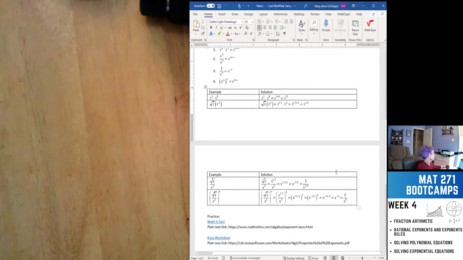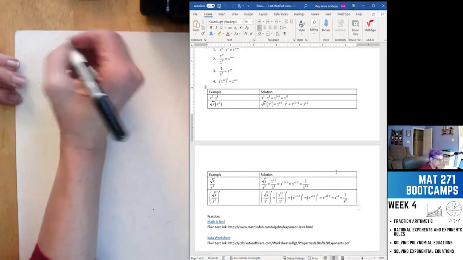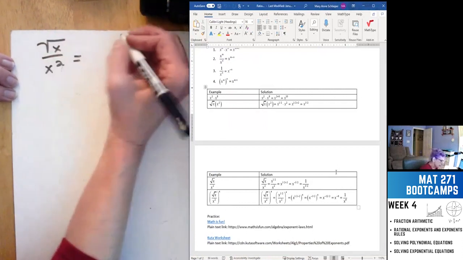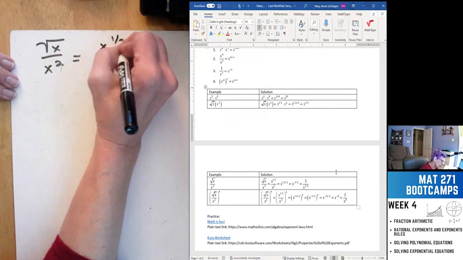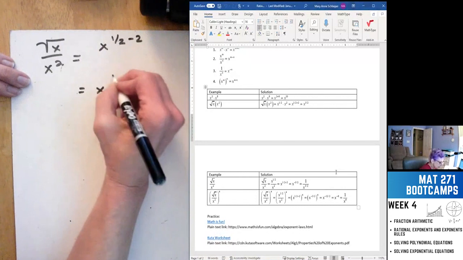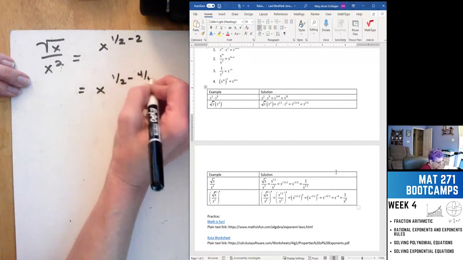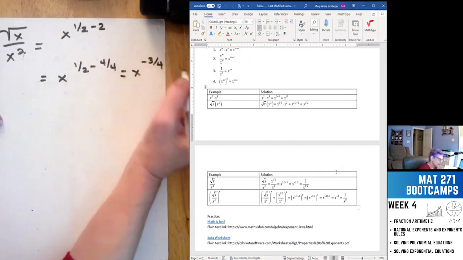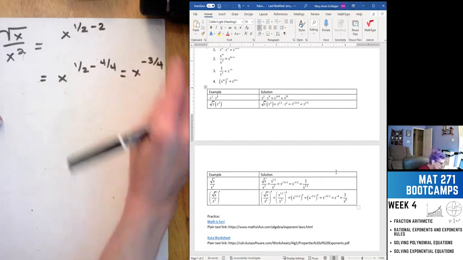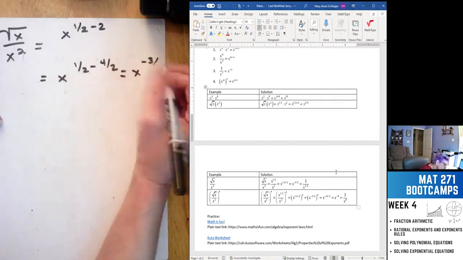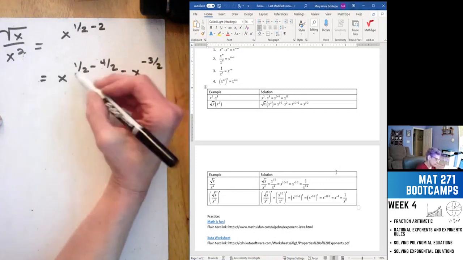If we have a quotient, square root of x over x squared, I have x to the 1/2 minus 2, which is x to the 1/2 minus 4/2, which is x to the minus 3/2 power.